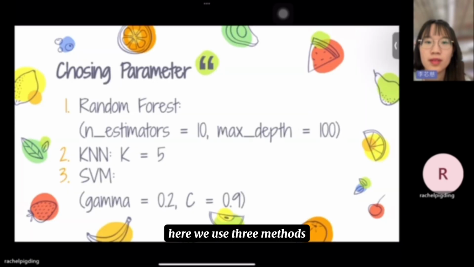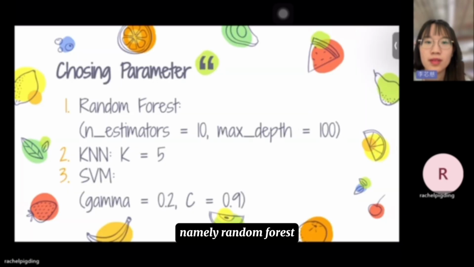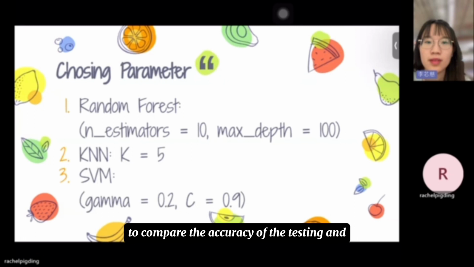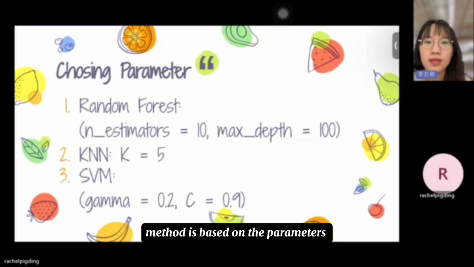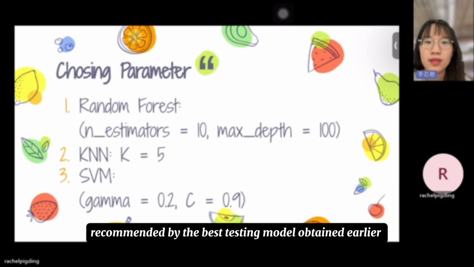Here, we use three methods, namely random forest, k-nearest neighbor, and support vector machine to compare the accuracy of the testing and training data sets. The parameter selection for the three methods is based on the parameters recommended by the best testing model obtained earlier.